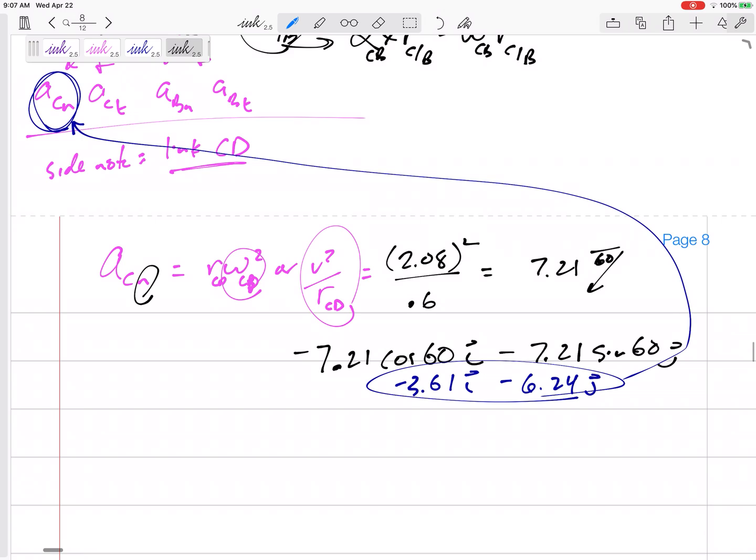All right. AC tangential is our alpha of CD. This is going to be 0.6 alpha of CD, which is what it is asking for. It didn't tell us anything about alpha. It didn't say it's 0. We're not going to assume anything. That is one of the questions that we're asking, the angular acceleration of bar CD.